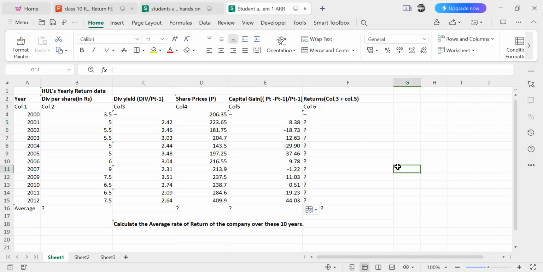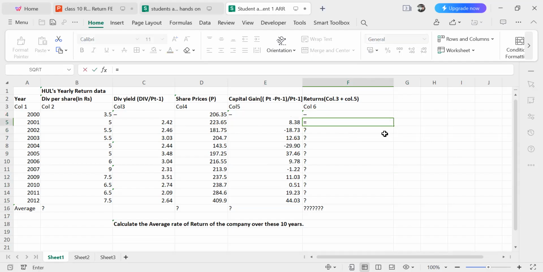Okay. So now we are going to calculate this rate of return. Rate of return, you know what it is. Simply your summation of column dividend yield plus your capital gain or loss. Okay. So this will be simply equal to your dividend yield here plus your capital gain or loss here, enter.